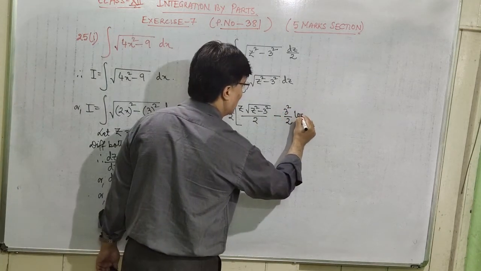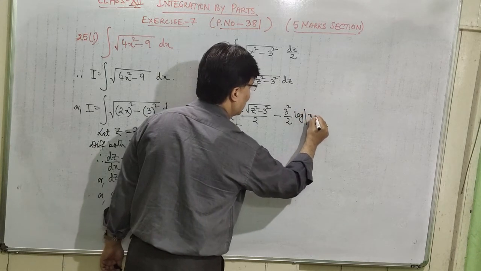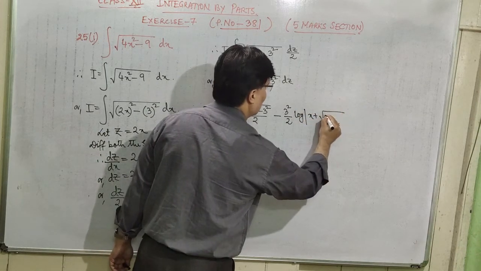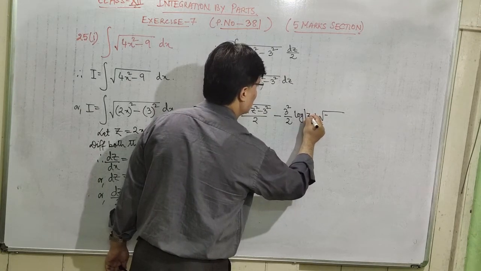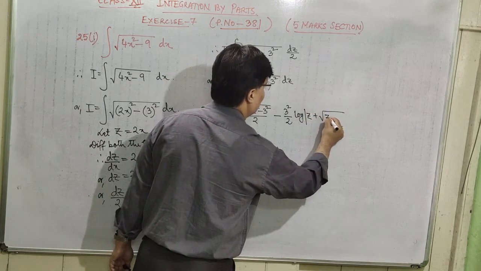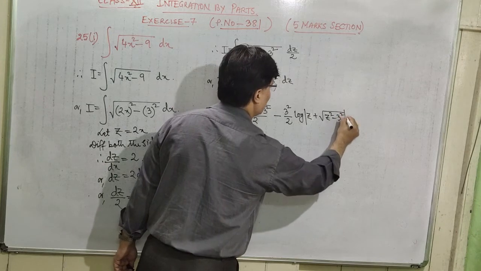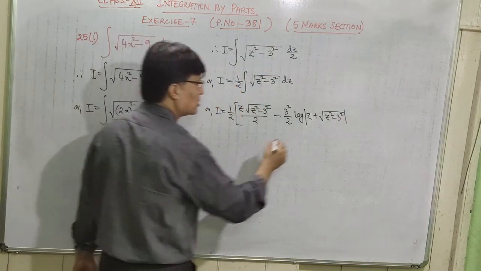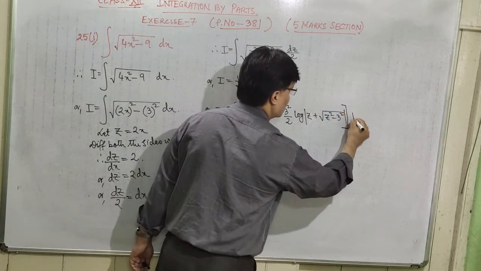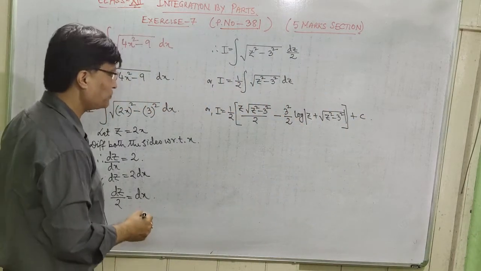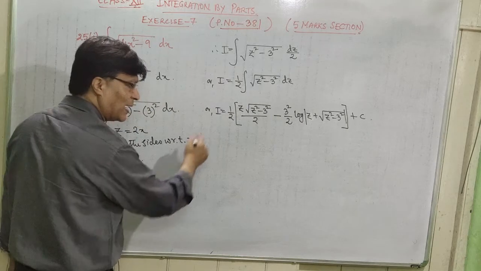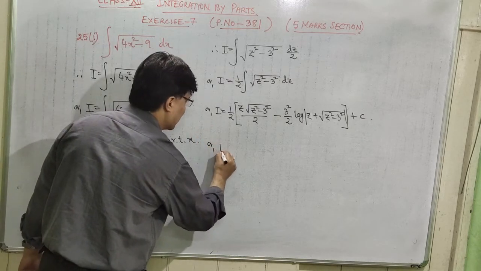Then we can write log within mod, x plus root under, not x, sorry, this should be z. This z plus root over z square minus 3 square. Mod sign is closed. Then you should close third bracket plus c.